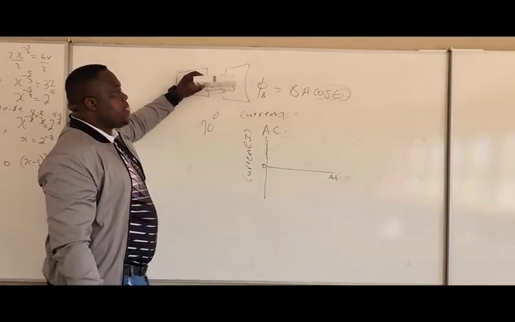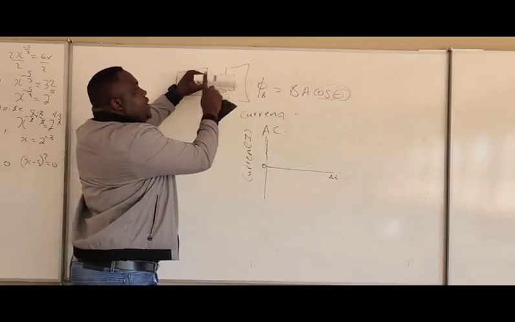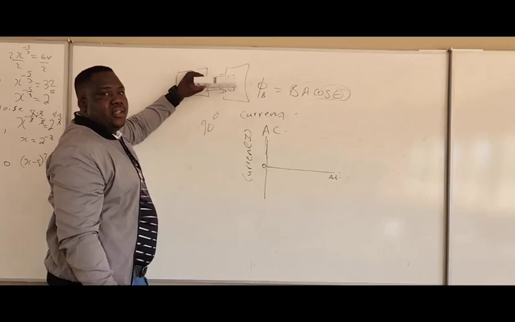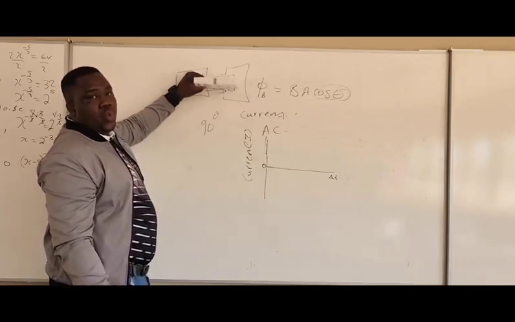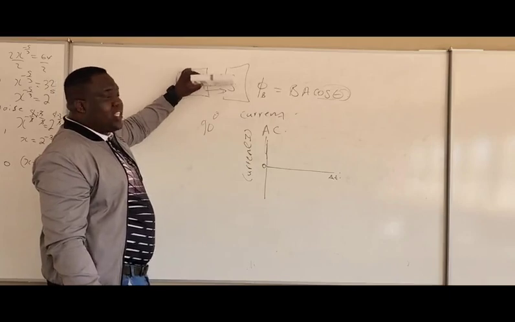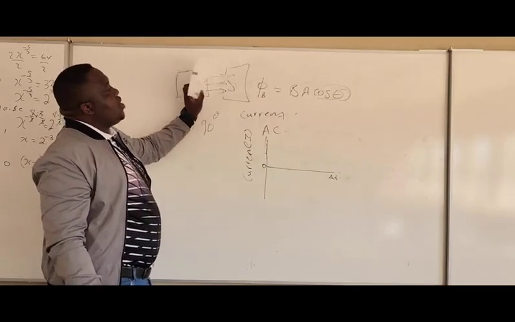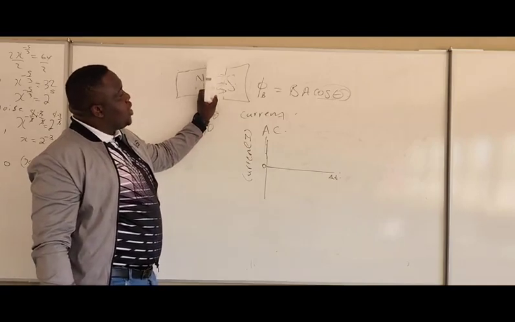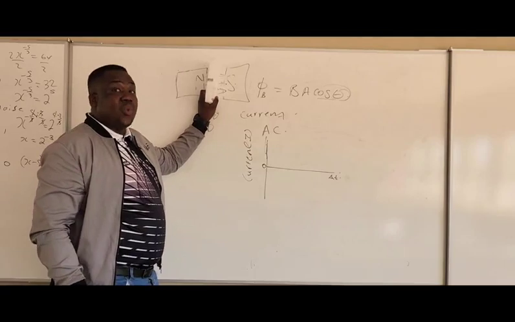When the coil is perpendicular to the magnetic field, the normal line is parallel. Do you understand? That's where you get that.